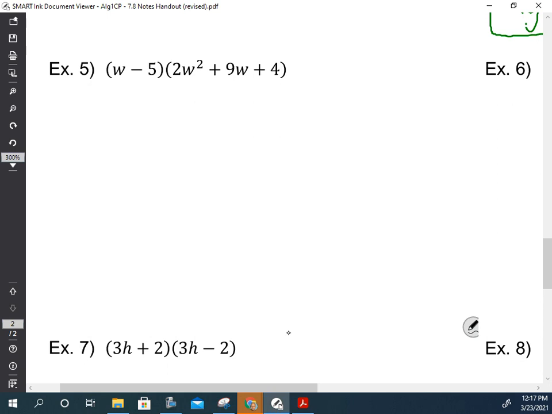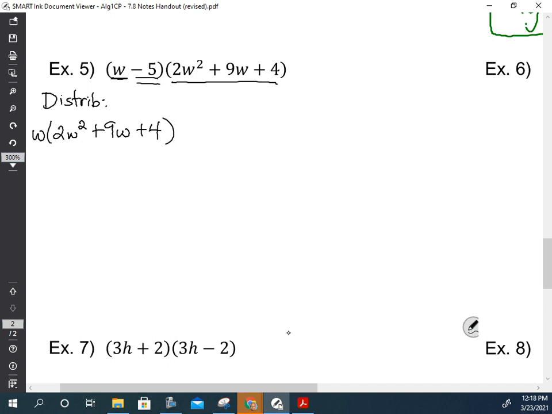So if you distribute, you're going to take the w and multiply it times the whole set in parentheses. So w times 2w squared plus 9w plus 4. Then you take the 5 and distribute it.